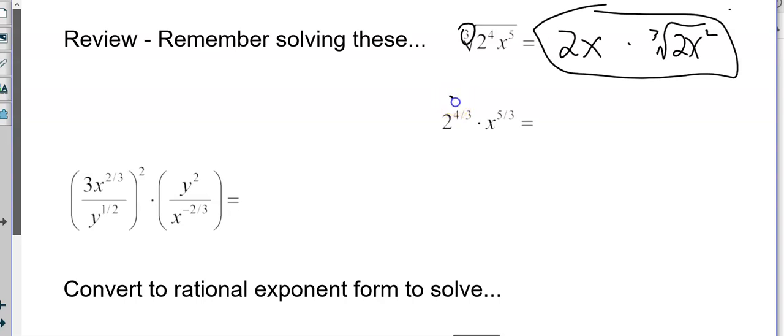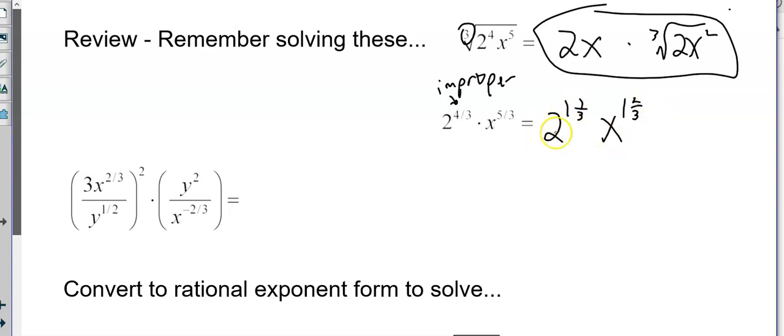Same problem written in rational exponent form. So anytime this is improper, it can be simplified. The way to simplify this is first to write this as a mixed number. Usually I don't like doing this, but 2 to the 1 and a third power, x to the 1 and 2/3 power as mixed numbers.